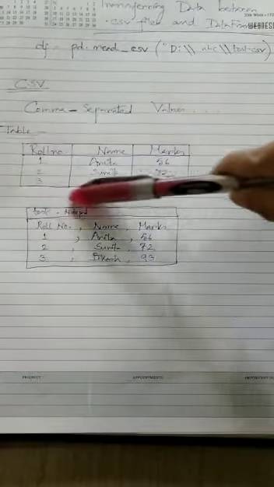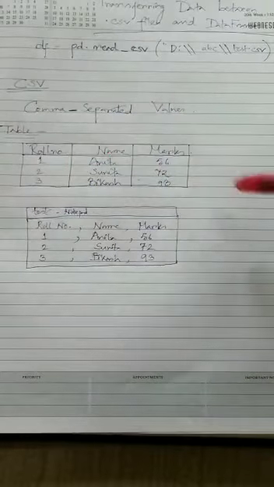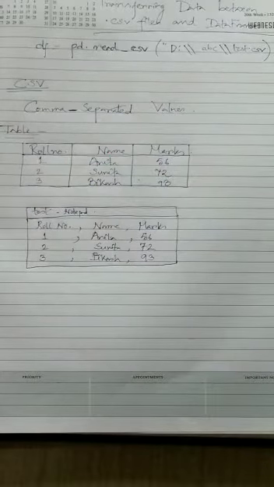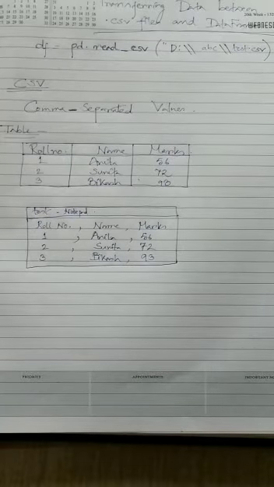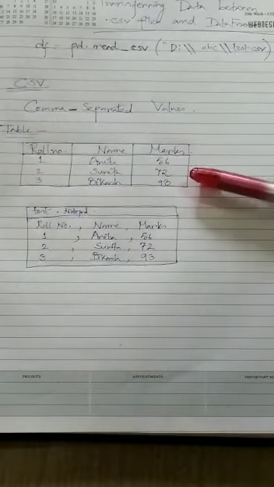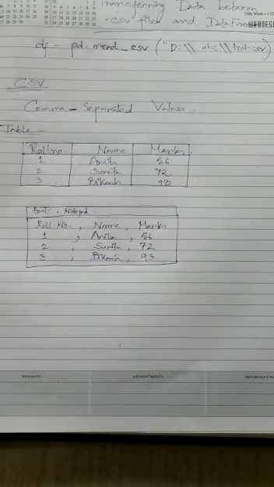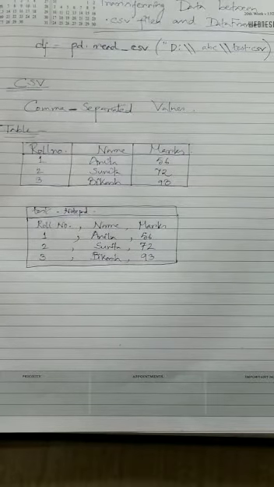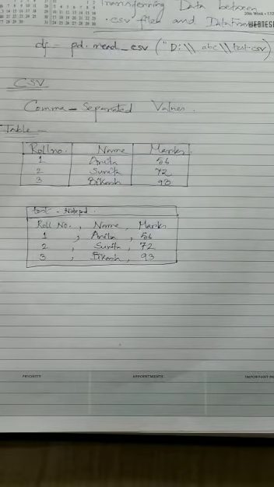So this tabular data, if you want to store in a CSV file, think that in your computer you have stored data in MS Excel in this form. Now this data you can change to a CSV file. How will you do this? From your file, Save As, you can give the extension .csv.